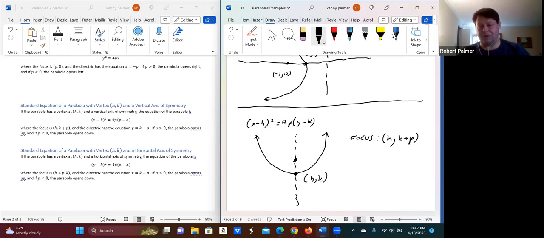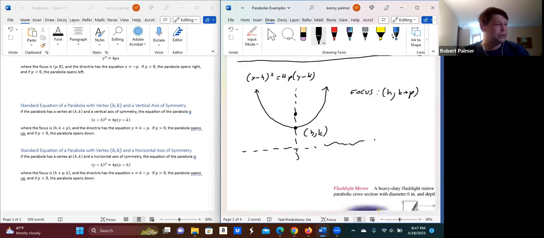And our directrix has the equation y equals k minus p. So basically it's just a shift, left or right, up or down, from what we had before. We'll see an example of that.